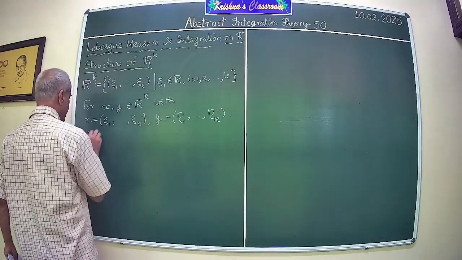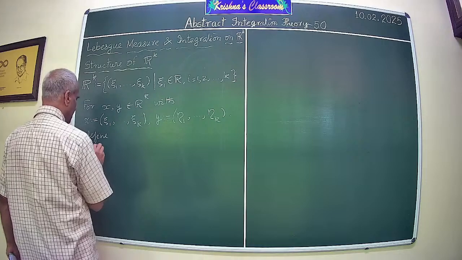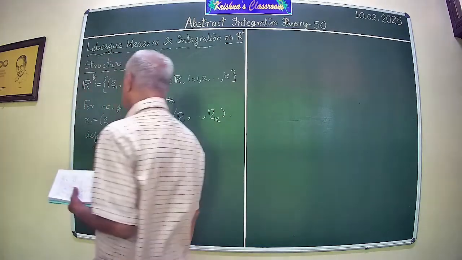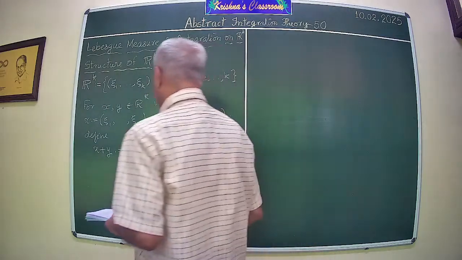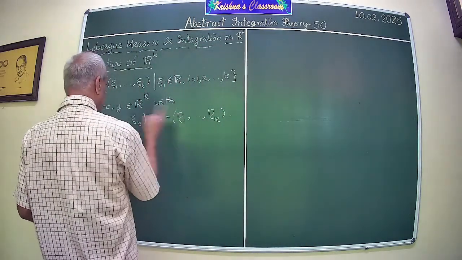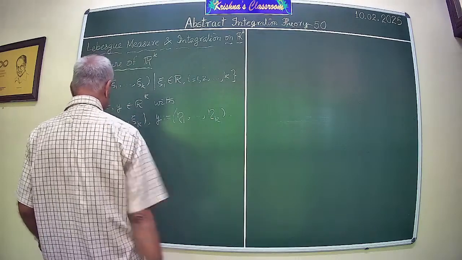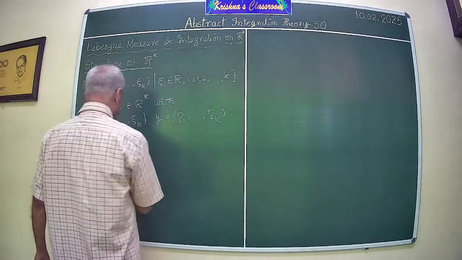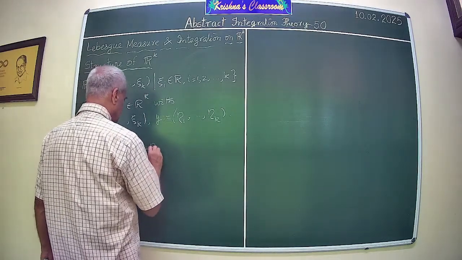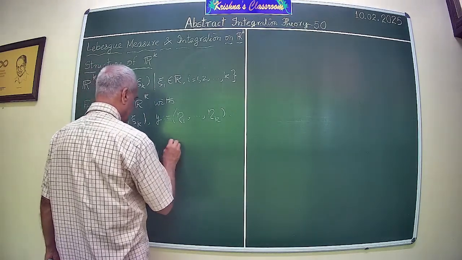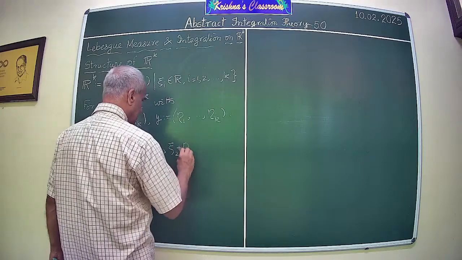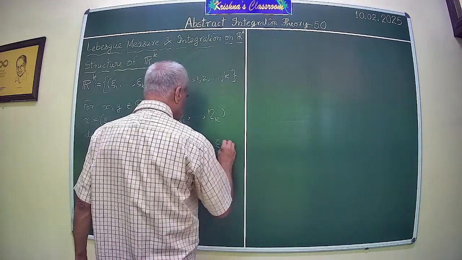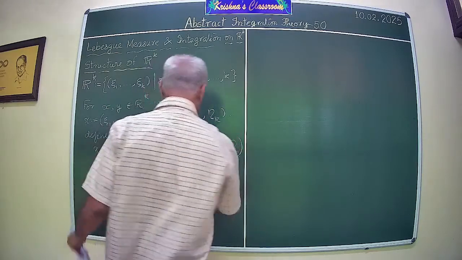Define x plus y to be the k-tuple obtained by adding these two vectors component-wise. So what you have is (xi_1 + eta_1, ..., xi_k + eta_k).